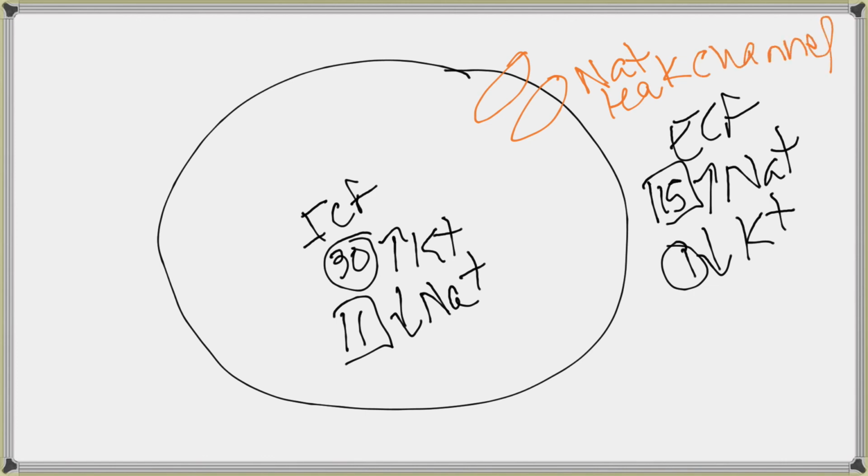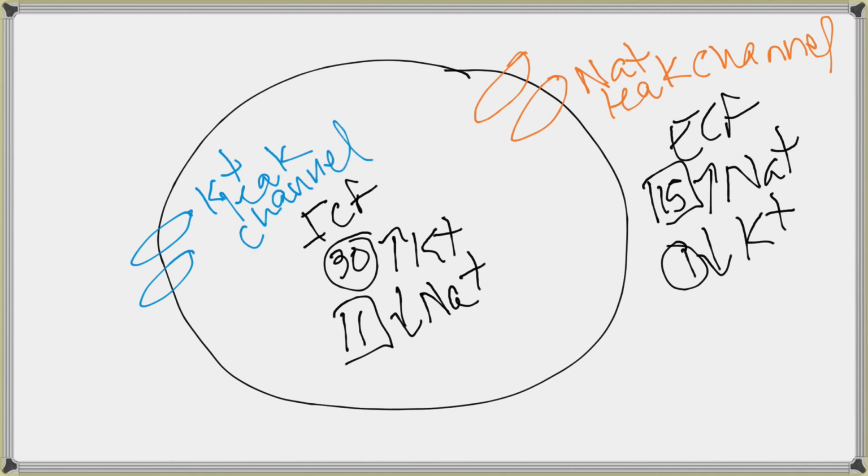And then let's put in one for potassium. Let's call this one a potassium leak channel. Okay, and we're still not talking about the sodium-potassium pump yet. We're just going to show you the reason for it first.